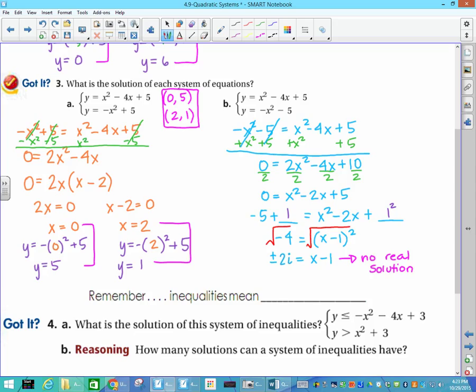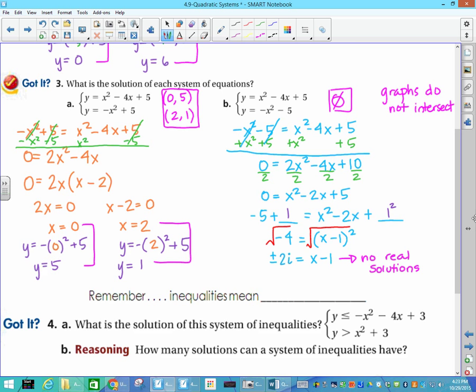When you get complex solutions on this kind of problem, that means there is no solution. And I know you remember that means that these graphs, if we were to graph them, do not intersect. So you're getting the algebra that's going on behind the picture.